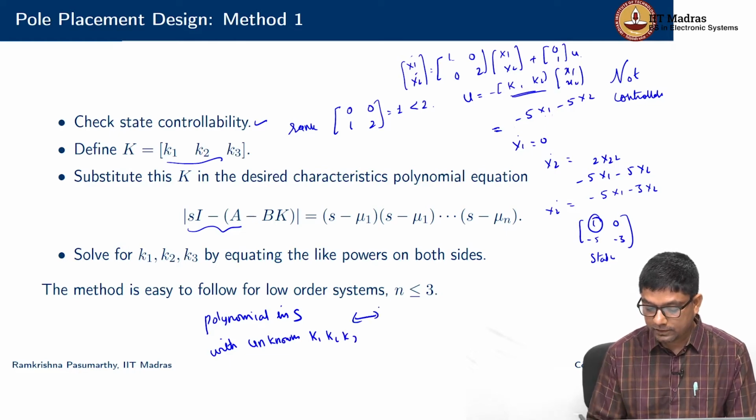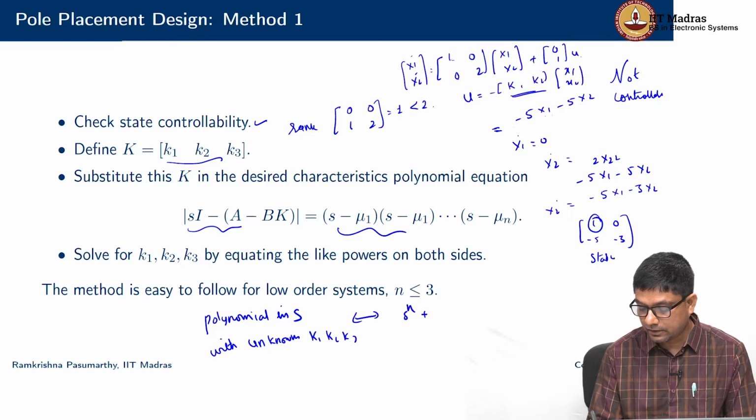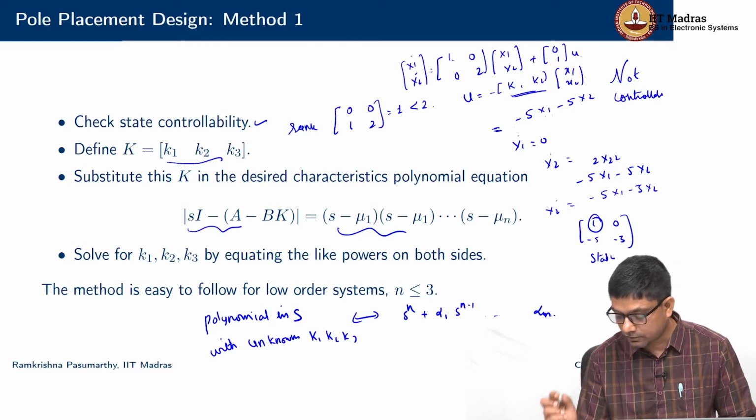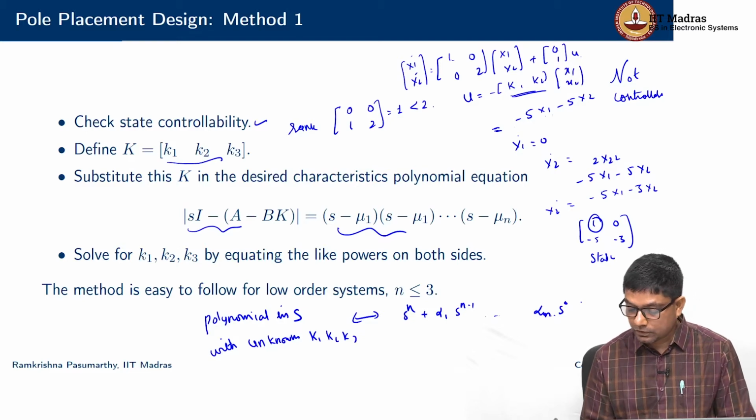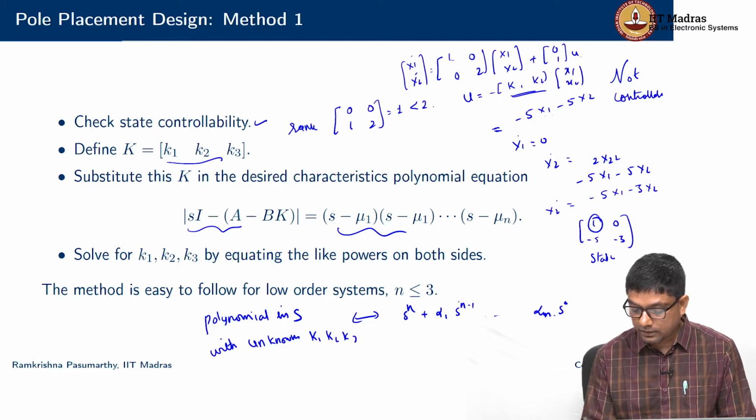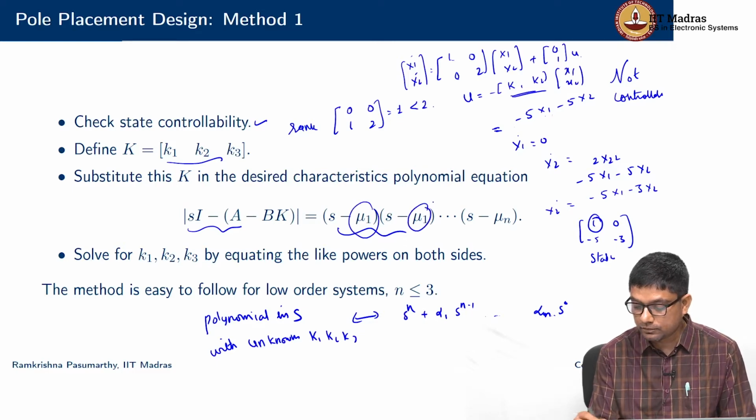On the right I can write s to the power n plus alpha 1 s to the power n minus 1 and so on till alpha n. Because all these mu's are known, the alpha i's are also known.